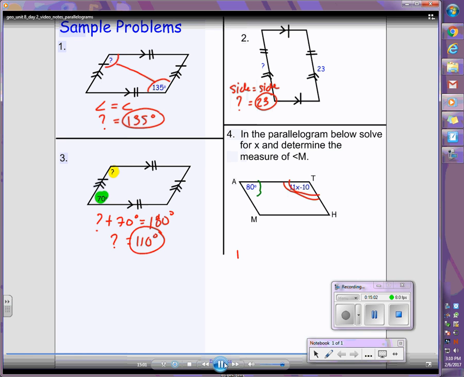So that means they're supplementary, which further means that I should take the two angles, add them, and equal them to 180. So 80 plus 11x minus 10 equals 180. Now you finish solving for x and find the measure of angle M.